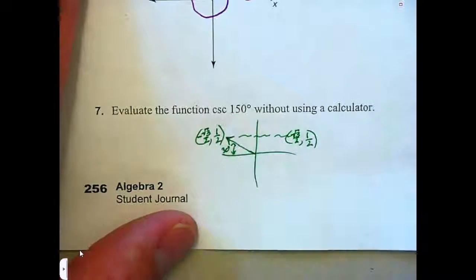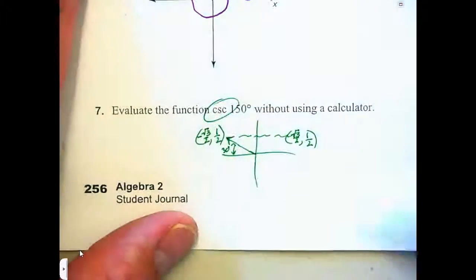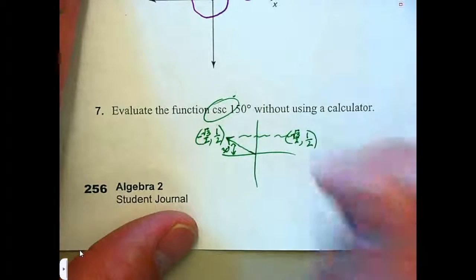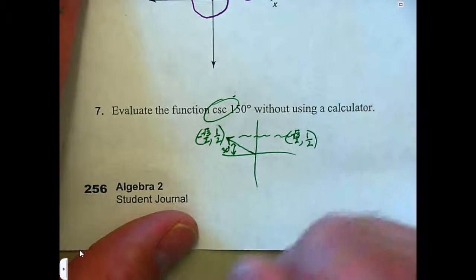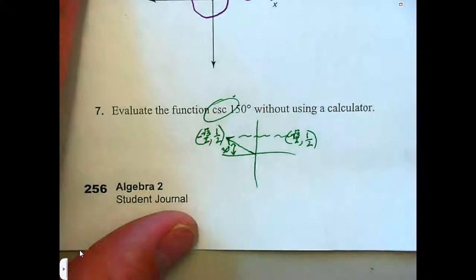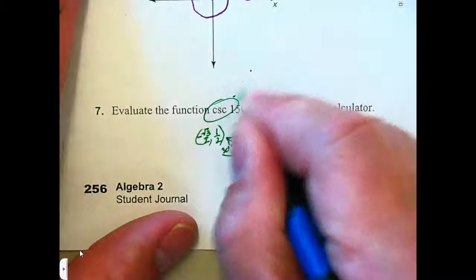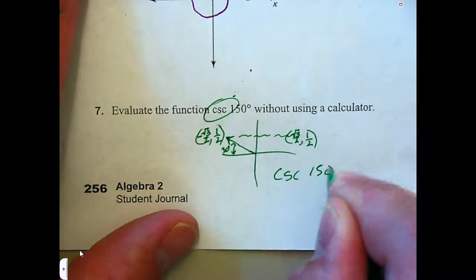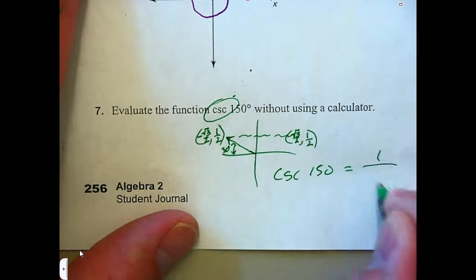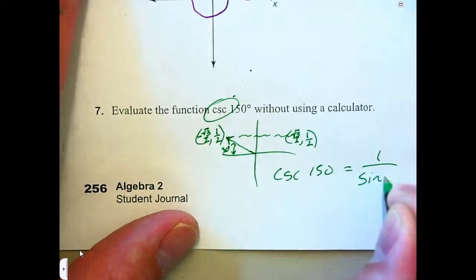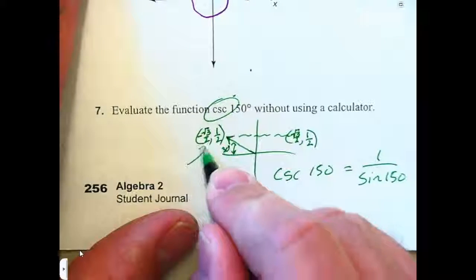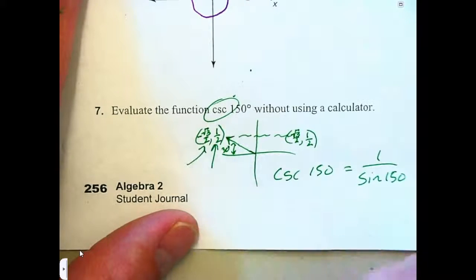Y doesn't change. Now if I'm dealing with cosecant, cosecant is what over what? Is it related to sine or cosine? Sine. Cosecant 150 is equal to 1 over sine of 150. Well, which one's sine? X or Y?